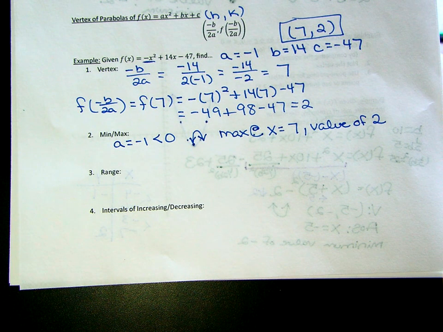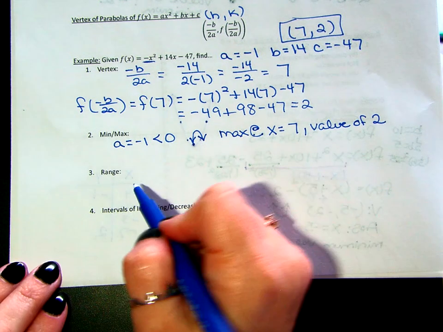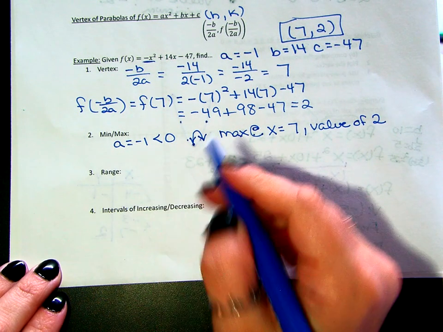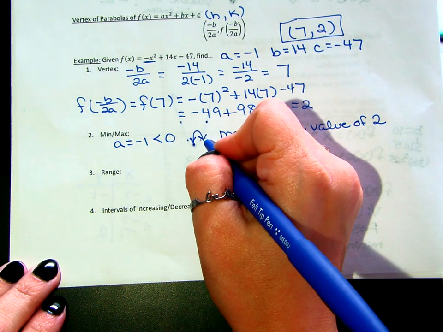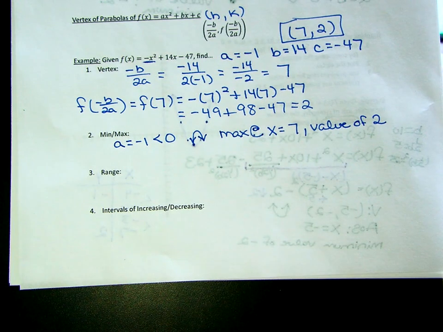But our range is dependent upon where our parabola starts. But even without graphing, I can find out what the range of this is because I know that we have a downward facing parabola. I know I have a maximum value. I know I have a top value that my y values can go.